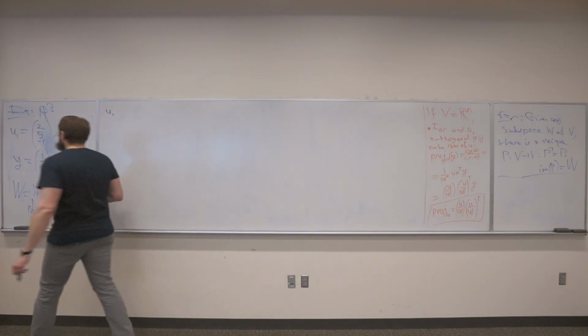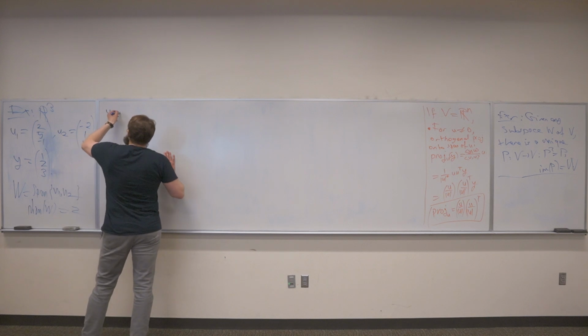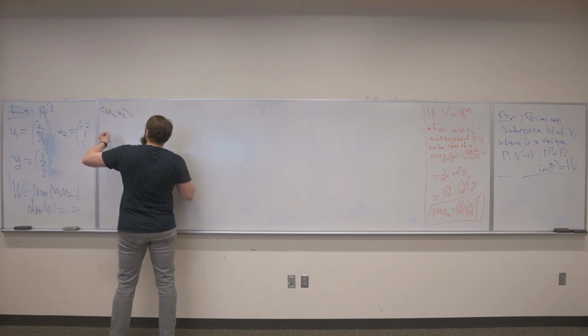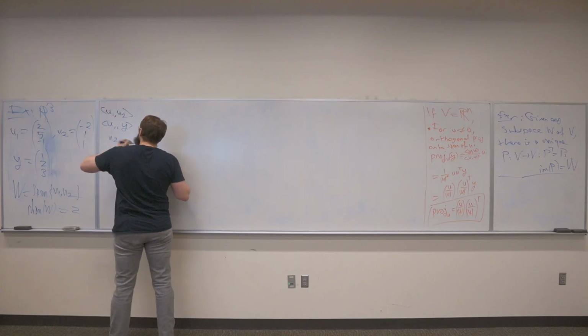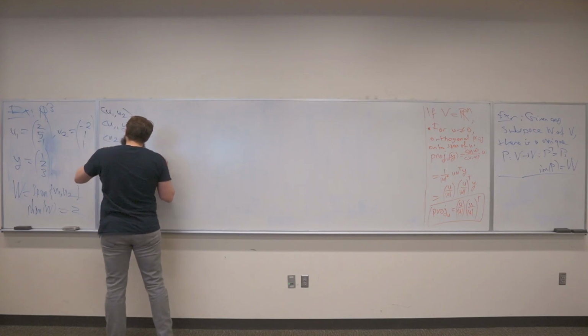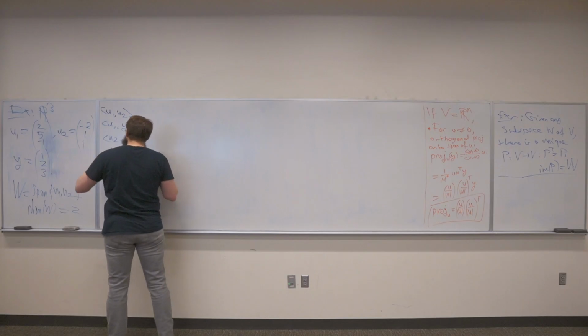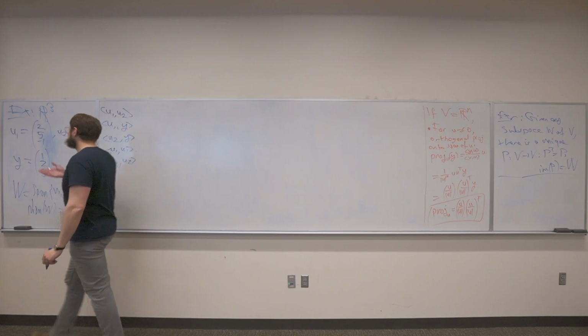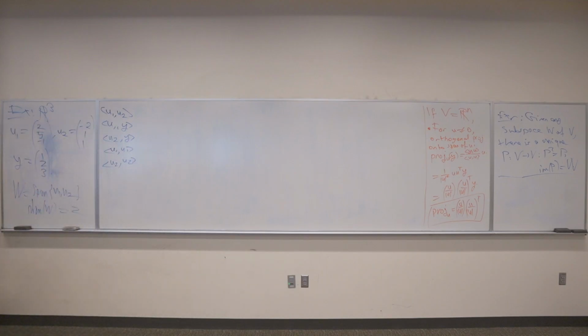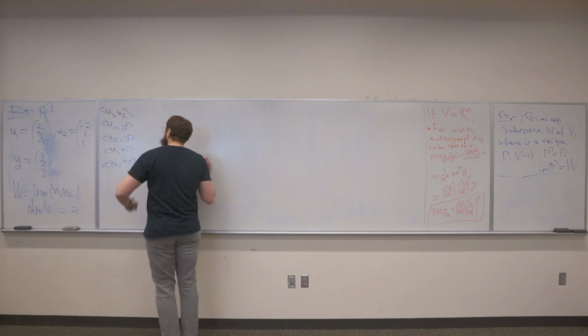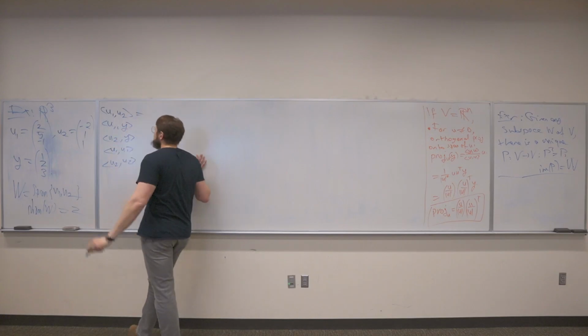Ultimately, you're going to need it. So you just compute everything: u1 against u1, u2 against u2. If you want, you can compute y against y as well, but we're not going to use that. So these we want.